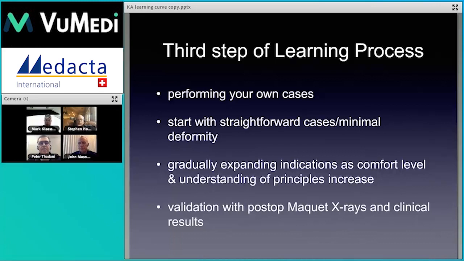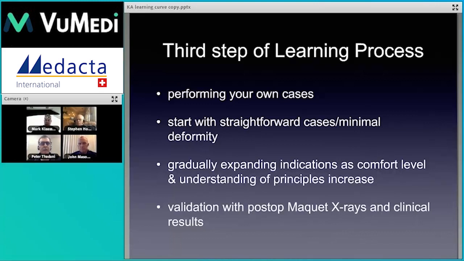Medacta is based on surgeon education, and they firmly believe in educating surgeons. One of their mottos is that the surgeon is never alone. So even when you get to the point of performing your own cases, you're always going to have some assistance, whether it be somebody helping you in the OR or a phone call away.